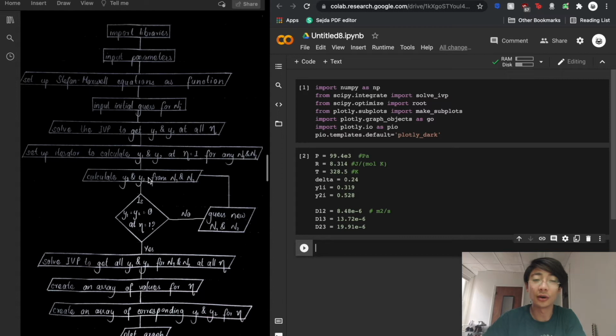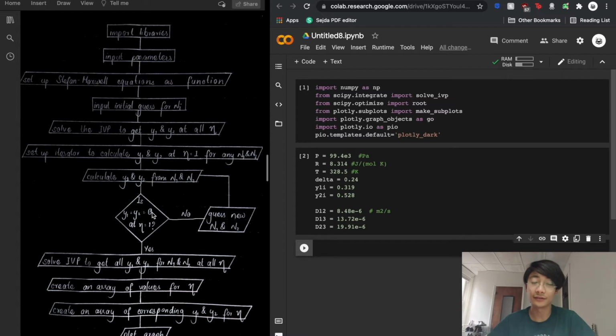This sounds a little bit complicated to do, but it's not going to be that difficult because Python has a function that enables us to do that, which is a root function from the SciPy library. So that's what we're going to be using.